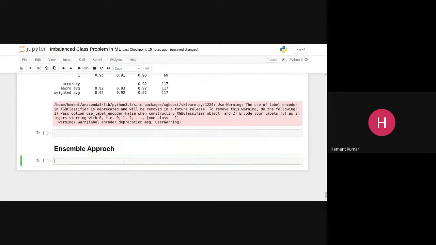For the ensemble approach, we have a library, that is import imblearn ensemble, and import a particular imbalance-handling algorithm.